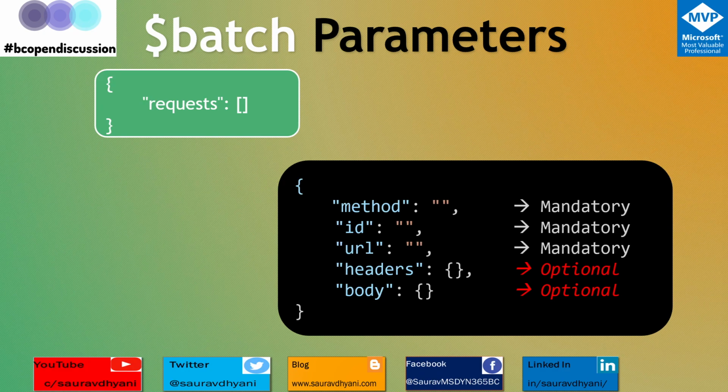The URL, that is the third or the last mandatory parameter, can have $select, $filters that we have seen till now, or $expand and all. Now let's come to the optional part. The first optional part is header and the second is body.